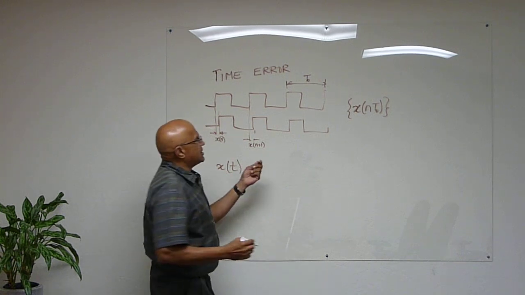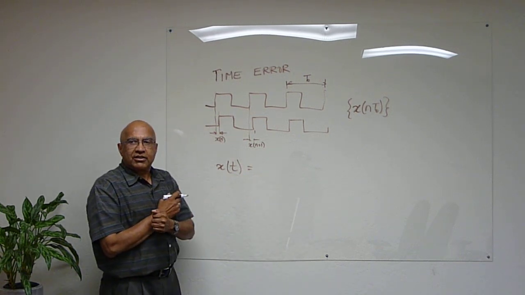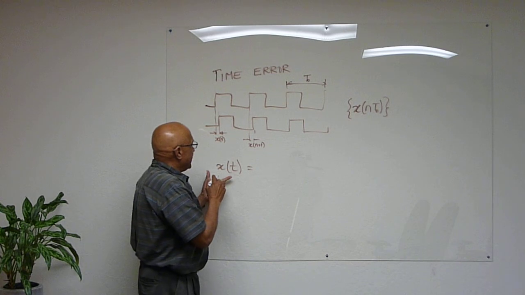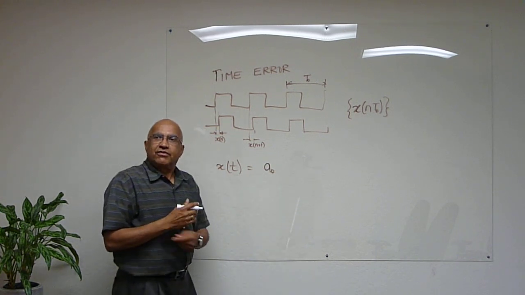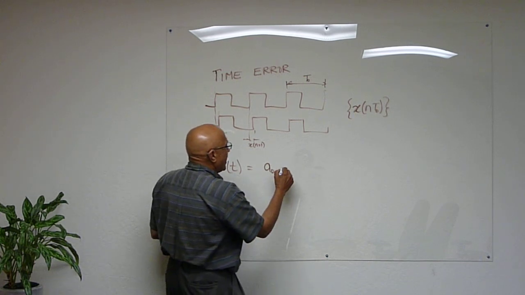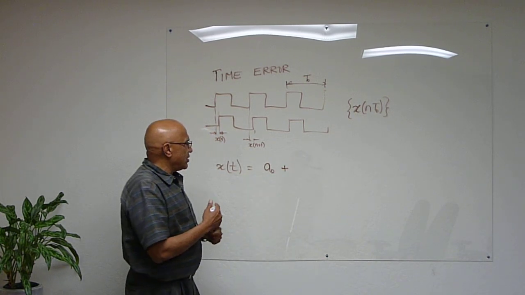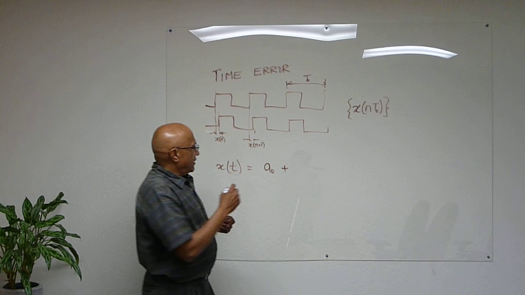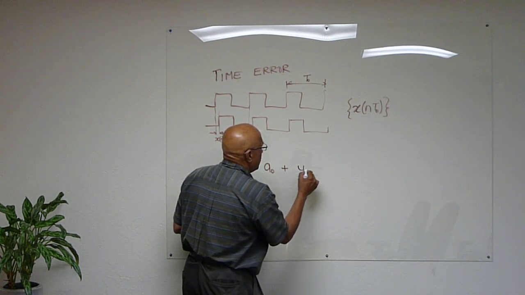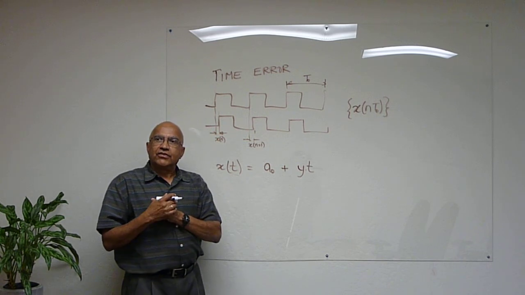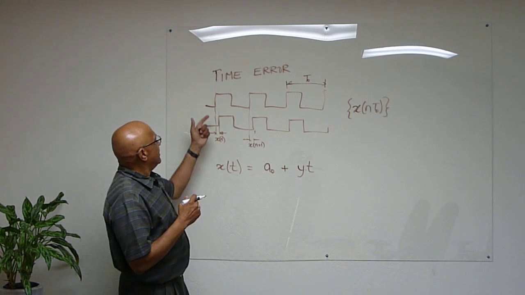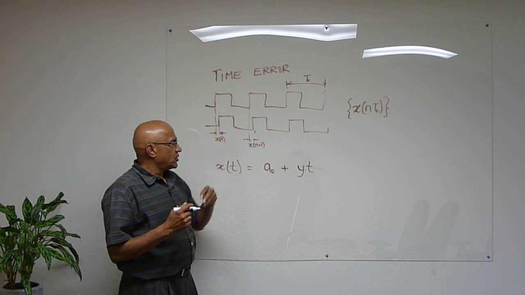And I'll just talk about some of the aspects of this time error which are of interest. This time error is going to have a component we call a sub 0, some constant value. You're going to have some deterministic components, and I'm going to put one first, y times t, where y is a fractional frequency offset. So that's the frequency difference between the two clocks.